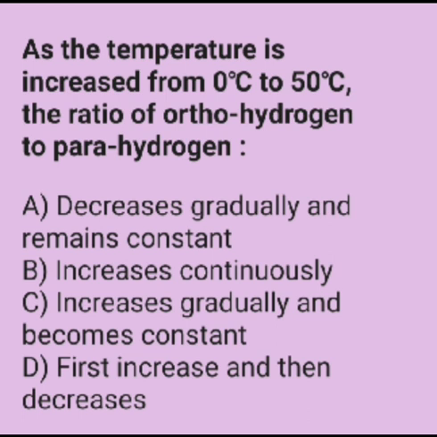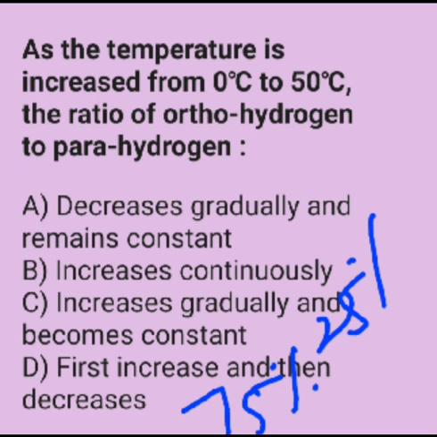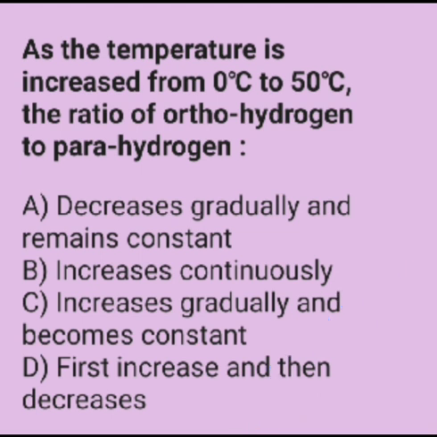It has to become constant because it is in its fixed proportion. So, at higher temperature, what we have seen in the last table, that ortho isomer will be having 75% proportion and para-isomer will be having its 25% proportion, right? So, what is the correct option for this particular question? Option number C, that is, it will increase gradually and become constant.